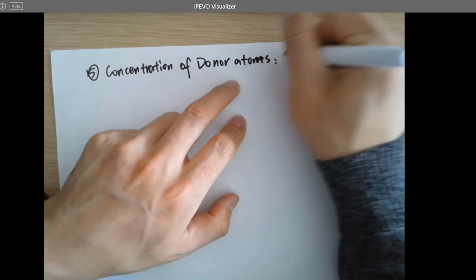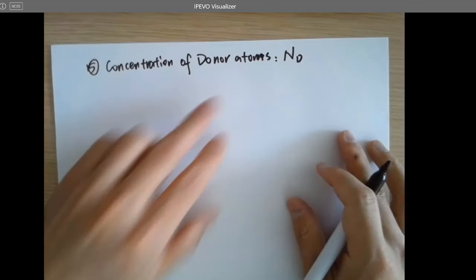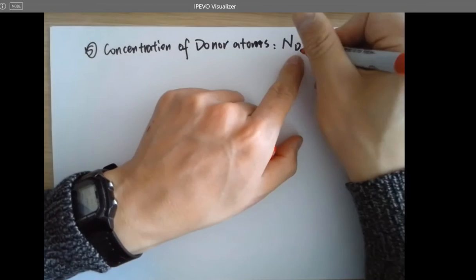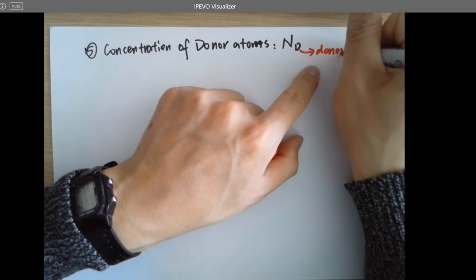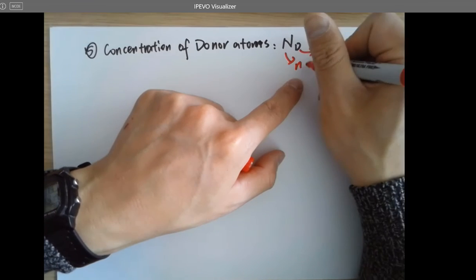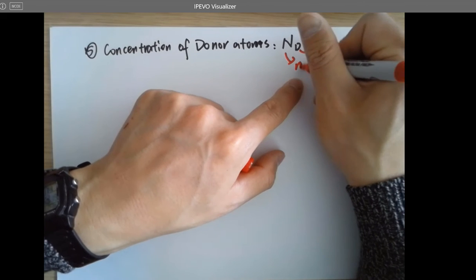It's called ND. It's a donor, and it's N-type. It's contributing the negative charges, right? N-type for negative. You can just use this to remember it.